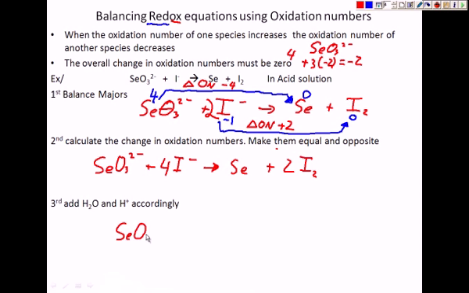So SeO3 2 minus plus 4 I minus makes Se plus 2 I2. We have 3 oxygens right here, so I'm going to add 3 water.